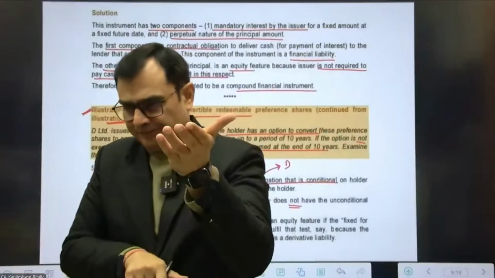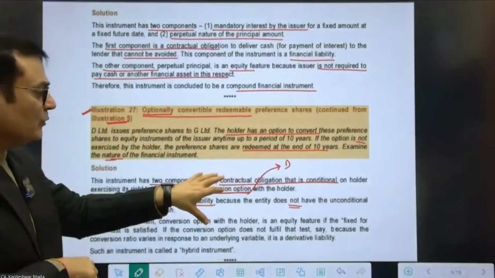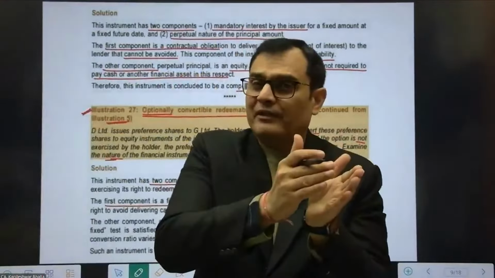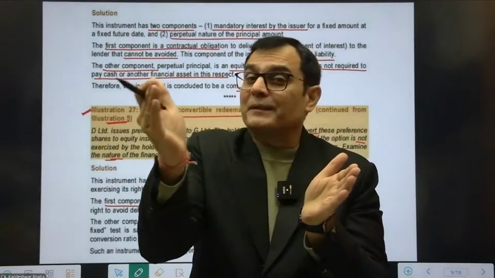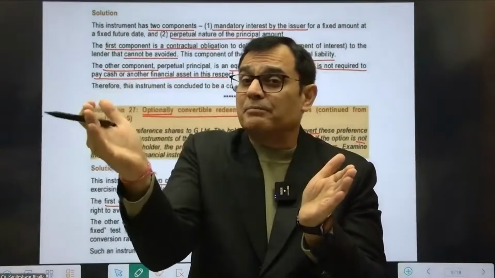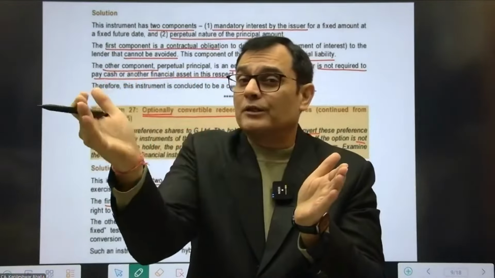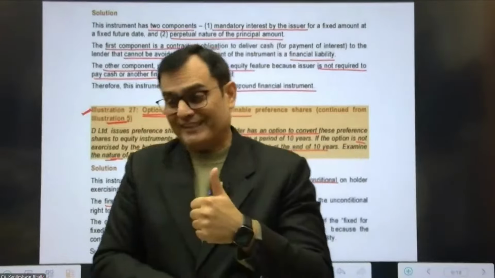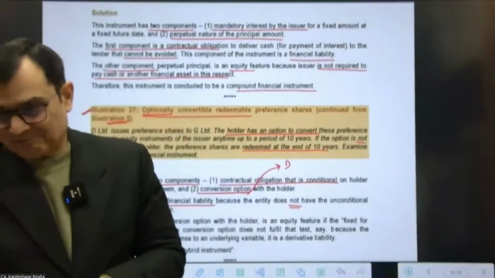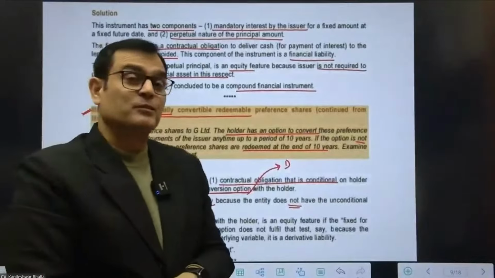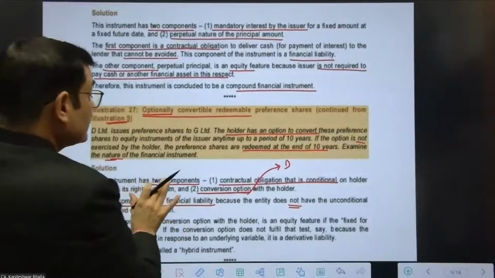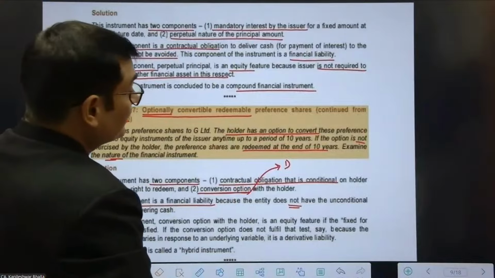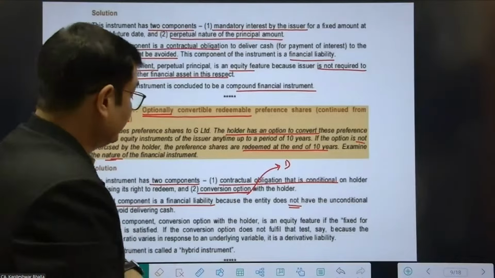When you go to calculate for the first component, the FL, can I say the interest rate paid is going to be lesser as compared to the interest on a non-convertible instrument, leading to a CFI, right? That's correct, since the lesser rate of interest will be paid. So right now it says FL, but it'll become a CFI because of the interest rate being lesser as compared to the benchmark rate.